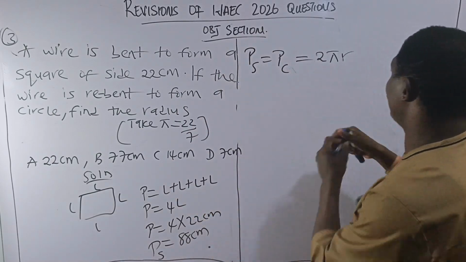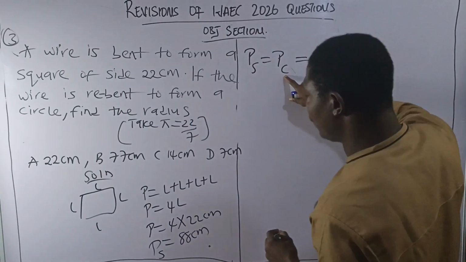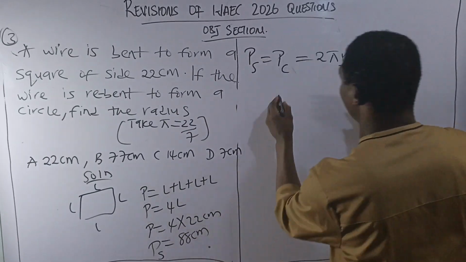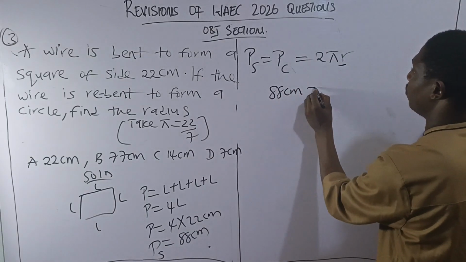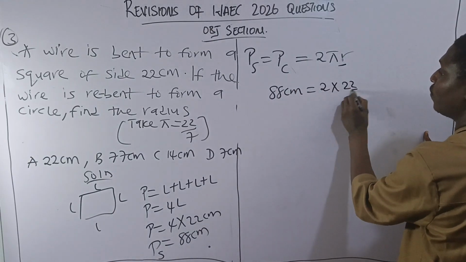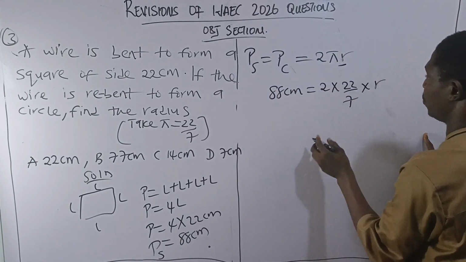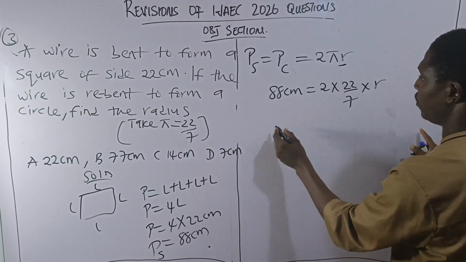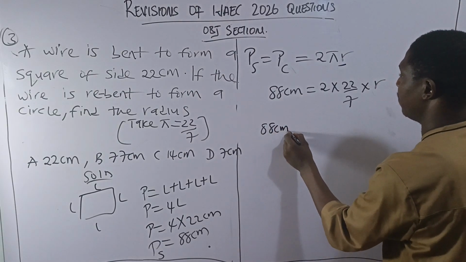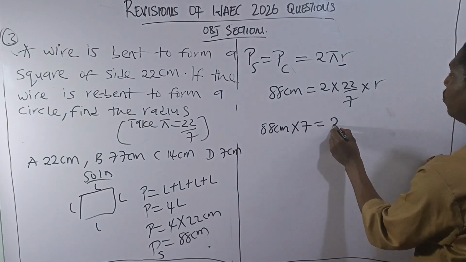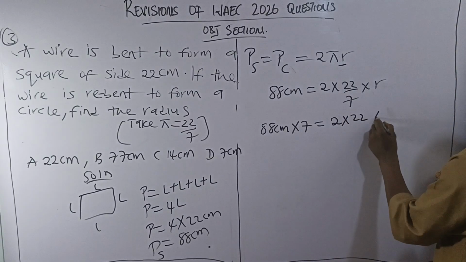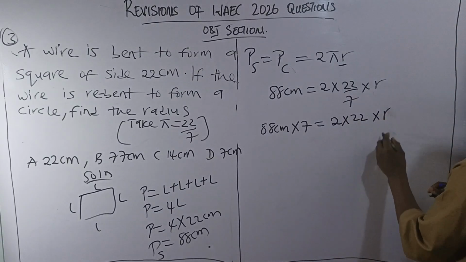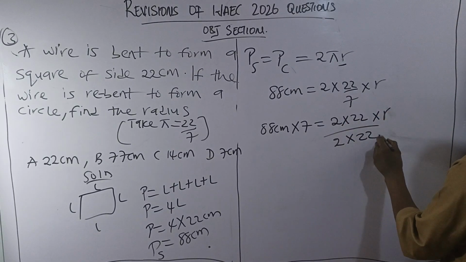Now, they say we should find the radius. The perimeter of the circle equals the perimeter of the square, which is 88 centimeters, equal to 2 times pi, 22 over 7, which was given, times the radius. If I cross multiply, I'll have 88 cm times 7 equal to 2 times 22 times R. So I divide by 2 and 22.